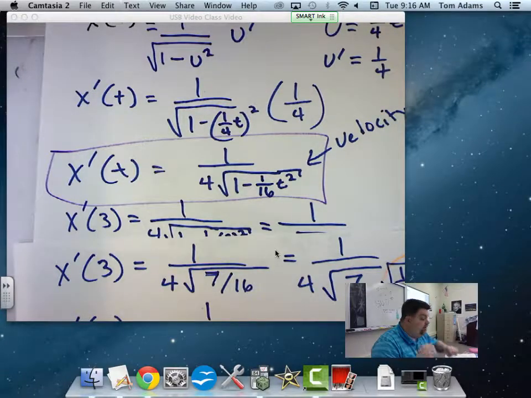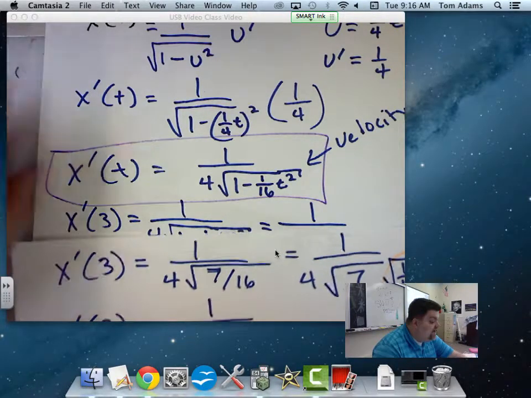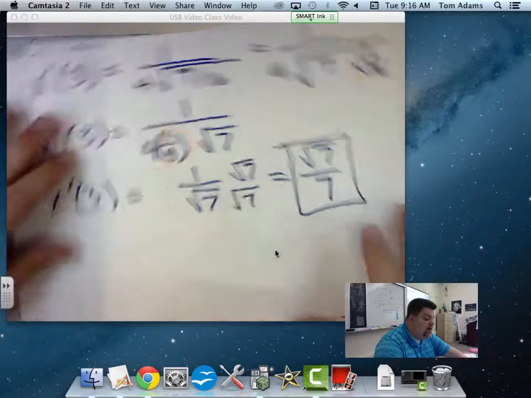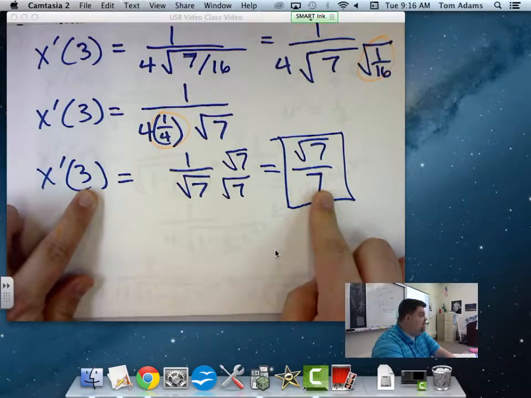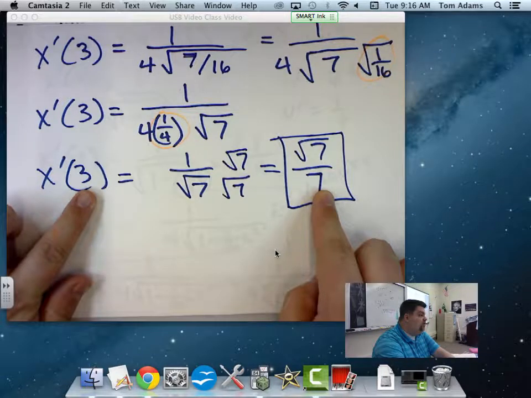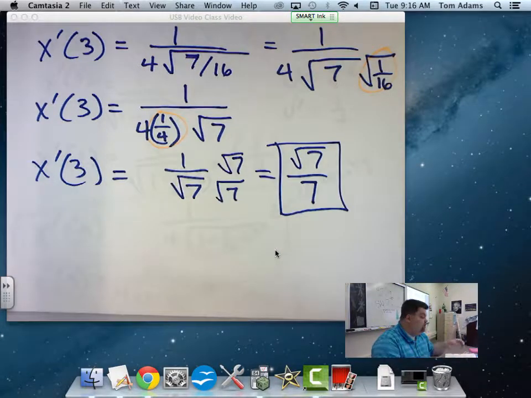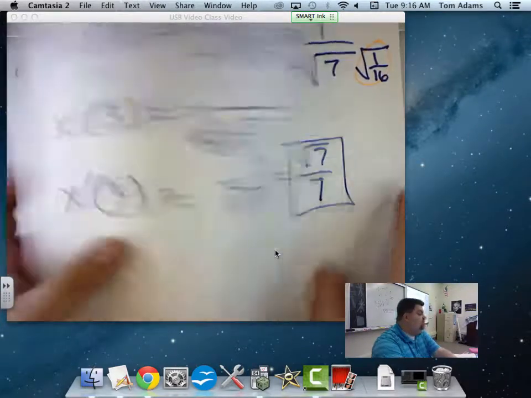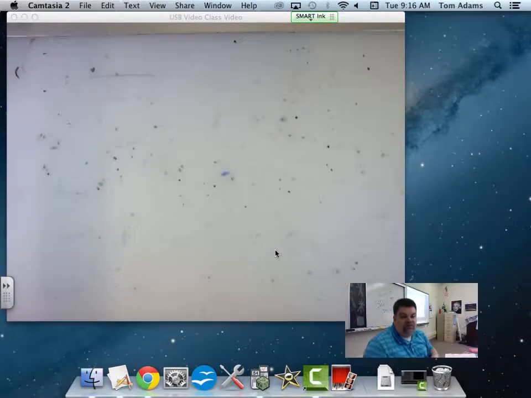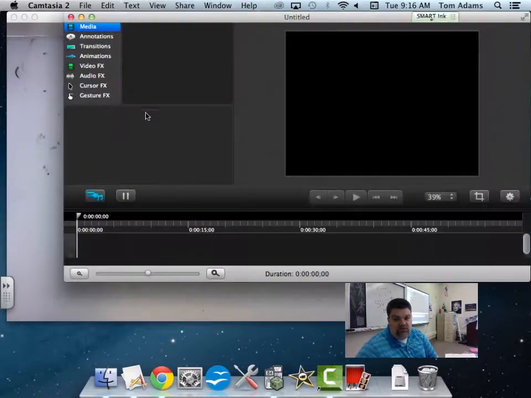What we were really asked was, what is the velocity of the particle at 3 seconds? So by plugging the 3 into that, I got that the velocity was root 7 over 7 units per second, because I don't know if the textbook said if it was meters or feet or whatever. Any questions on that? No.